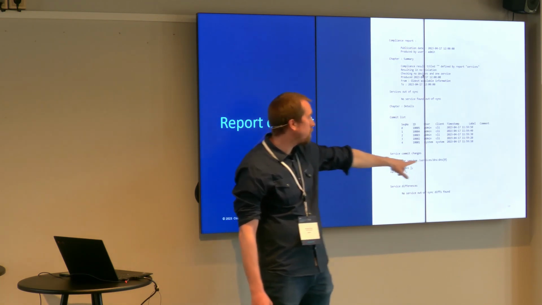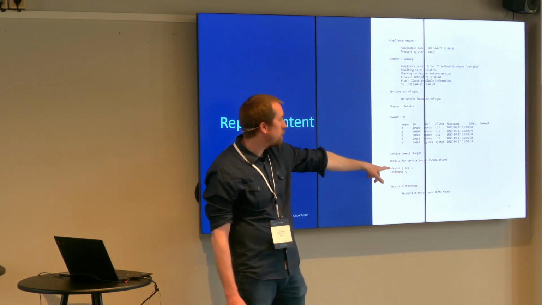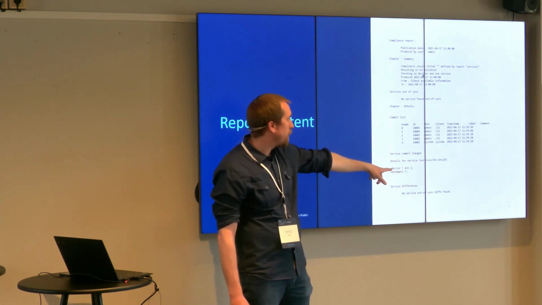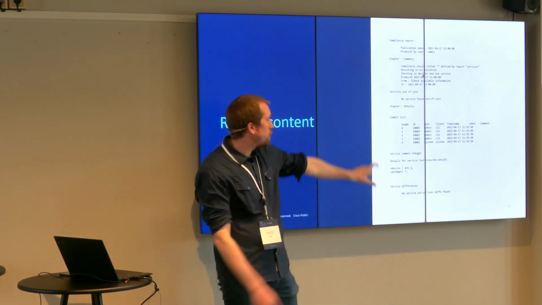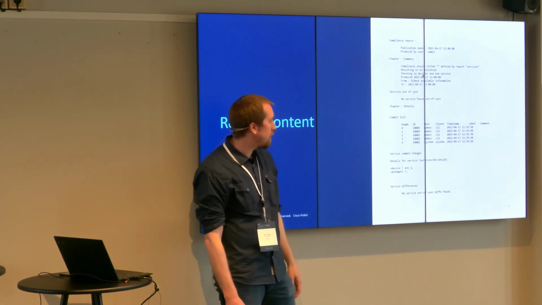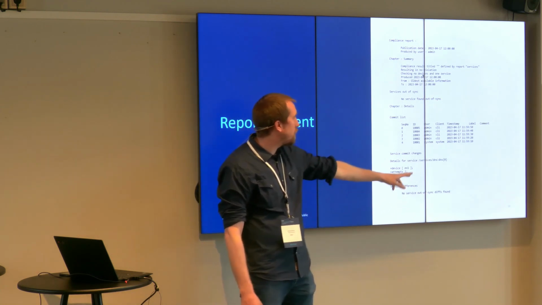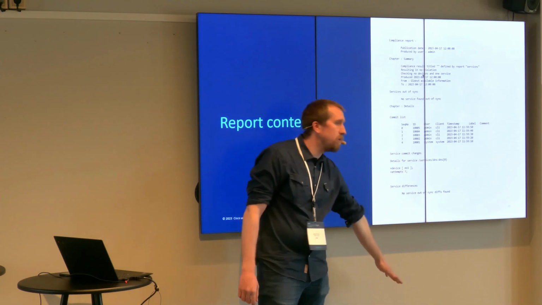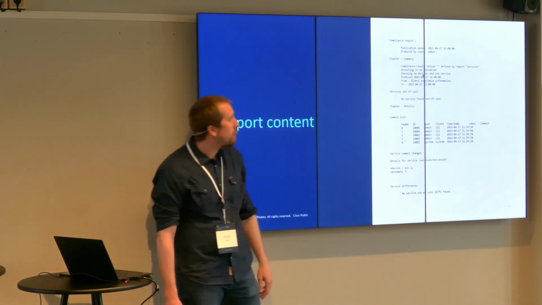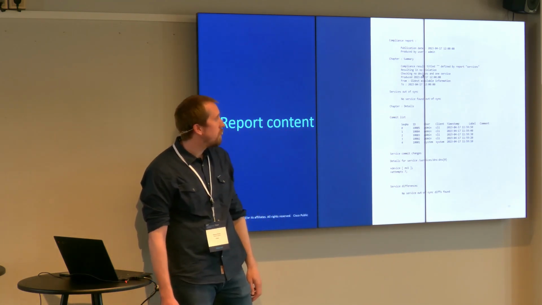So here it was one service, and this is what we changed. As we saw in the previous slide, I set the device and the attempt leaves, and that shows up in the details here. And then we have some more details. If we would have had services that were out of sync, we would get a diff of all the violations we had for that service.